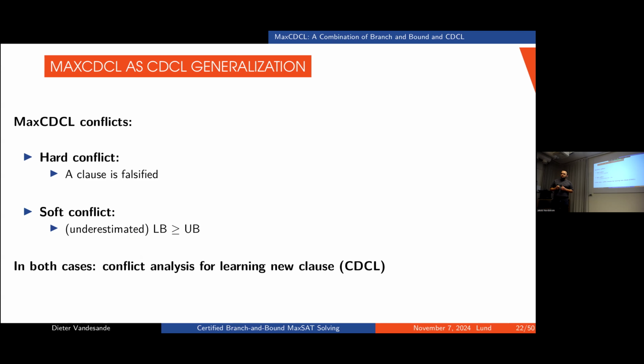In both cases, MaxCDCL uses conflict analysis to learn a new clause, which is why we can say that MaxCDCL is actually a CDCL generalization. For the proof logging, it's important to see that this part is already done by the people in the SAT community, so we will mainly focus on how to proof log the rest.